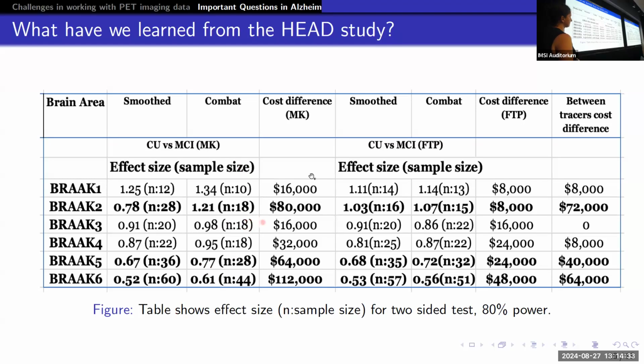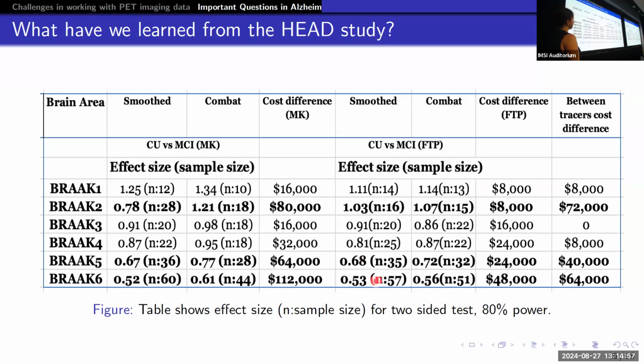One thing I want you to pay attention to from a clinical trials perspective is that, depending on the method we are using, you are looking at a cost difference between $16,000 and $112,000. PET scanning is very expensive, so that can actually make a difference. Here those effect sizes are large, but think about smaller effect sizes and how much difference that's going to make.